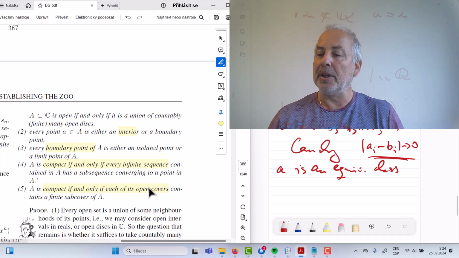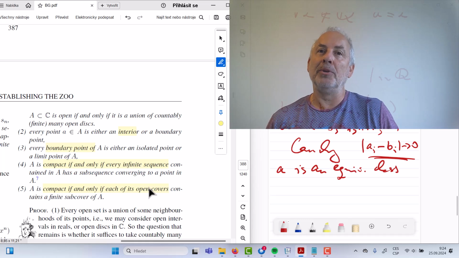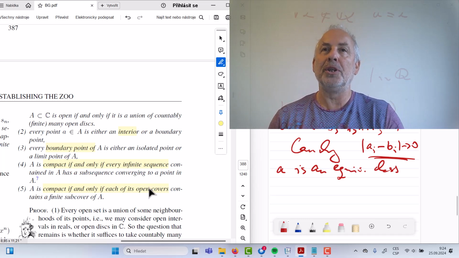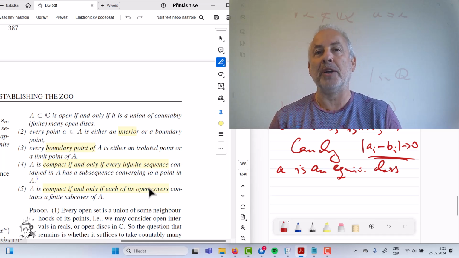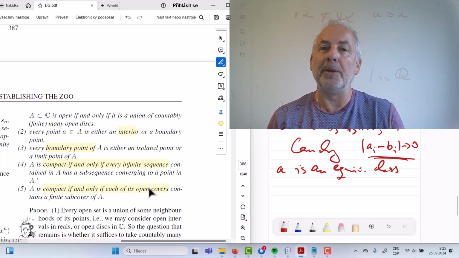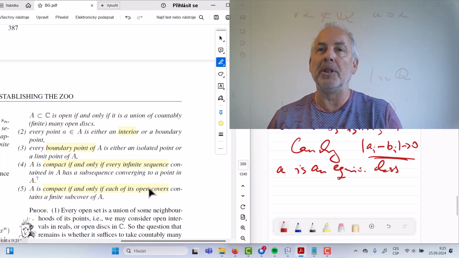And the claim is that a set is compact if and only if each open covering includes a subcovering which is finite, right? So I can always find only finitely many of the circles or of the disks which cover a compact subset in a complex plane, or the same on the real line.